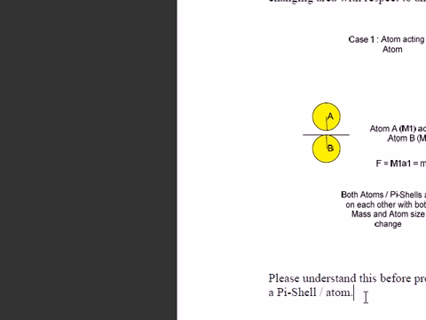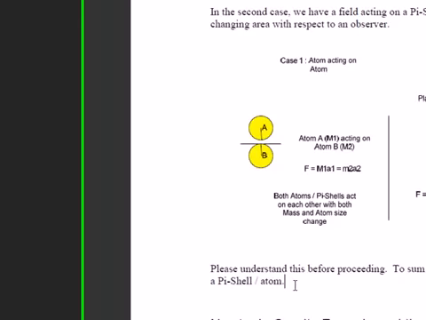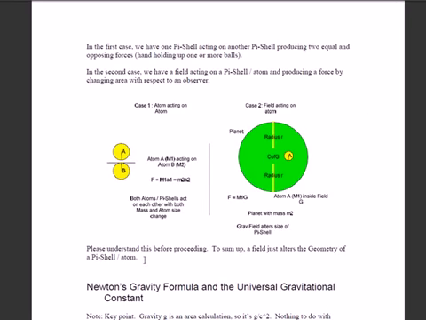To sum up, a field just alters the geometry of a pi stellar atom. And the most important thing to take out of this is that that is essentially what a magnetic field is also doing. Fields alter geometry, alright? They alter the geometry of objects, and the key thing is they're powerful because they ignore the mass inside the object. Whereas if you try to get one object to push against another object, you do have to take into consideration the mass in each object.